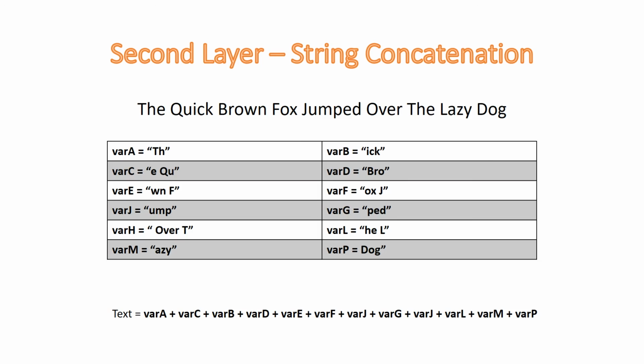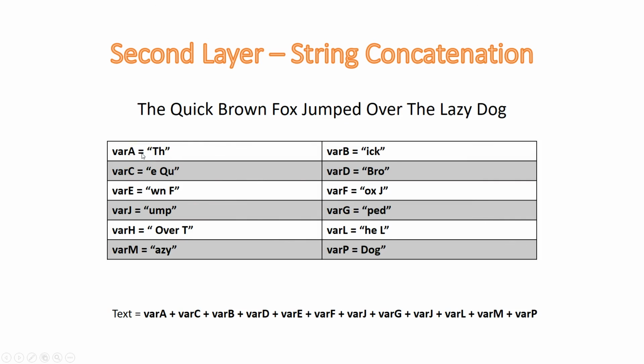If I'm writing the sentence, the quick brown fox jumped over the lazy dog, what I've done here is I've broken the sentence into a whole bunch of chunks, and I didn't necessarily put them in order, and every chunk is a variable.